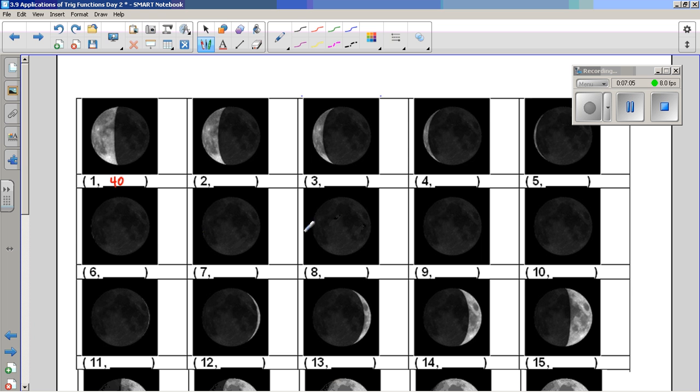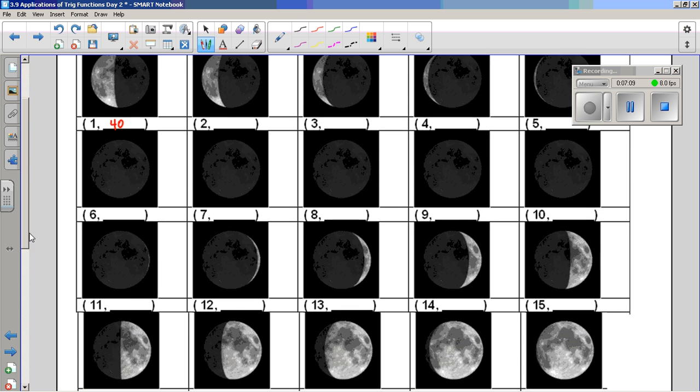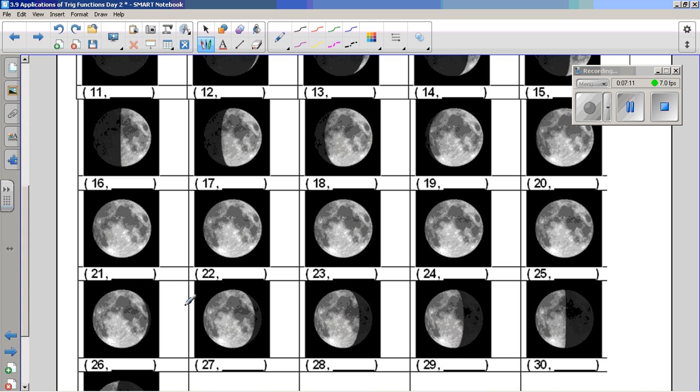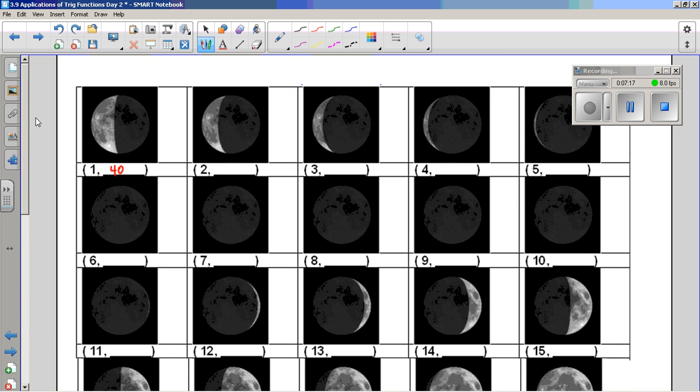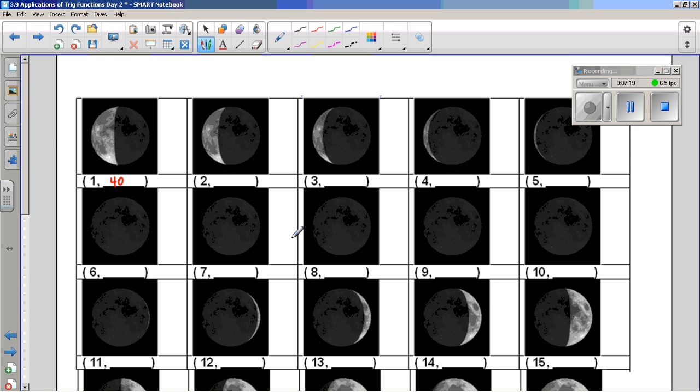Now it's hard, like all these look like new moons, look like there's none showing, and the full moons look like the full moon for a whole bunch of days in a row. Obviously, there's only one that's 100%. There's only one day that there's a new moon. The best way to think about this is, I can see a little sliver there, and a little sliver there, maybe a little sliver there, I don't know.